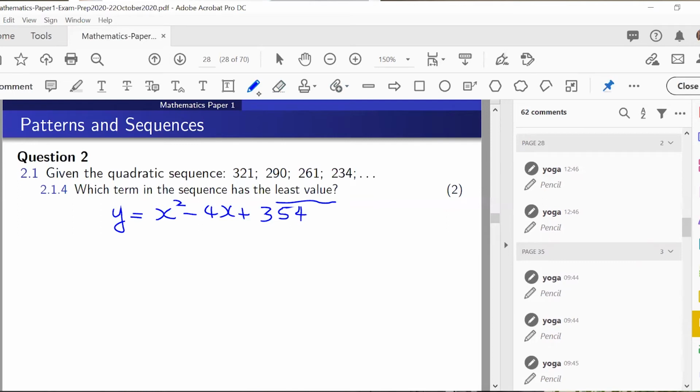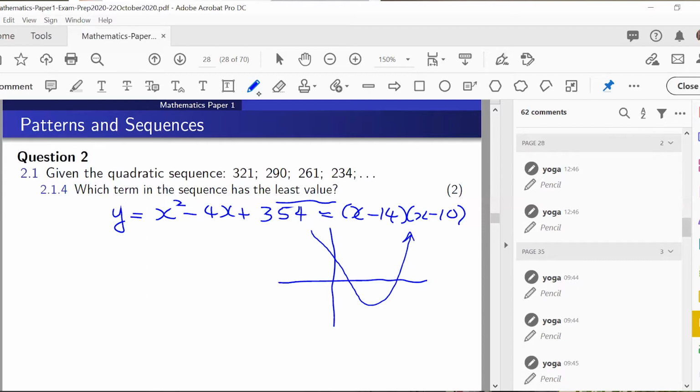Now, if we are to draw this graph, note it's x minus 14 into x minus 10. So this graph will look like that, where we have got 10 here and we have got 14.